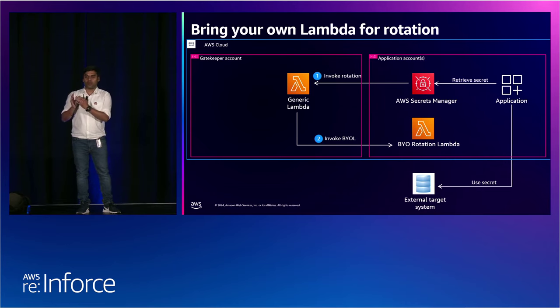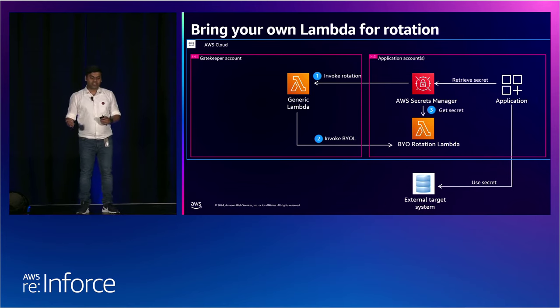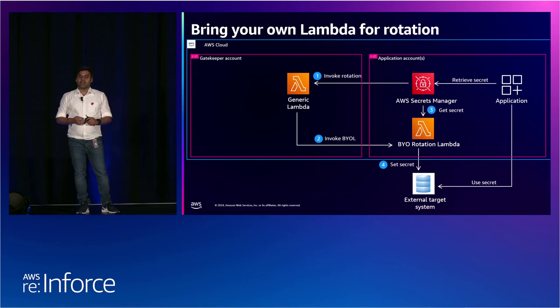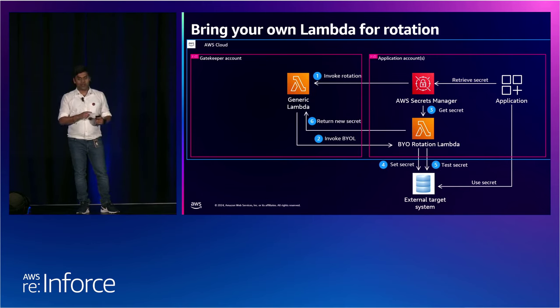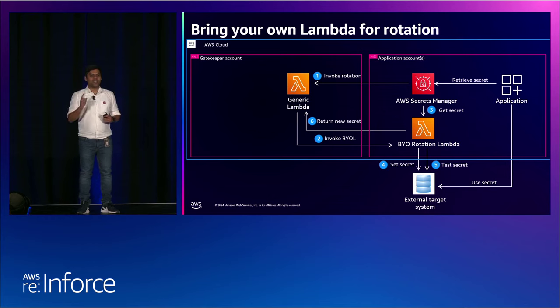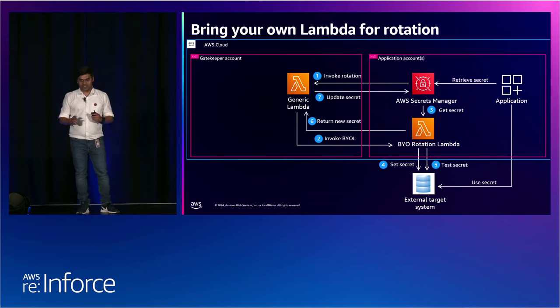So Secrets Manager would invoke a generic Lambda function, and in a synchronous process, that generic Lambda function can actually call a rotation Lambda function, which is locally deployed in the account that can have access to your secret. And this local deployment of the rotation Lambda function will fetch the value from Secrets Manager, go talk to the external target system, set it there, test it there, and report back to our generic Lambda function with the updated value, which has permissions to update Secrets Manager with the new value of the secret.